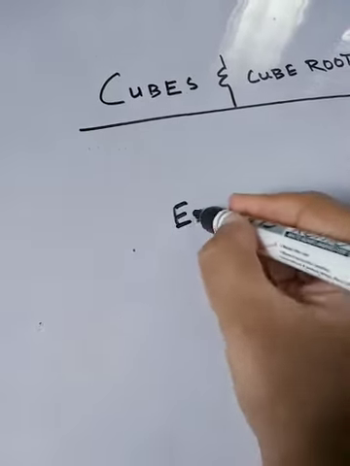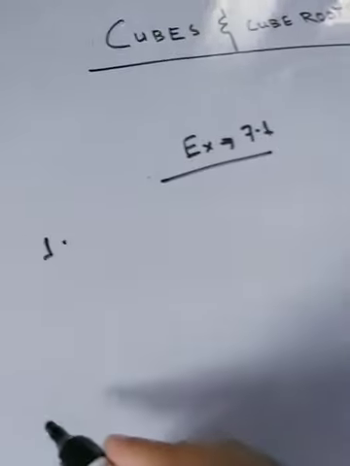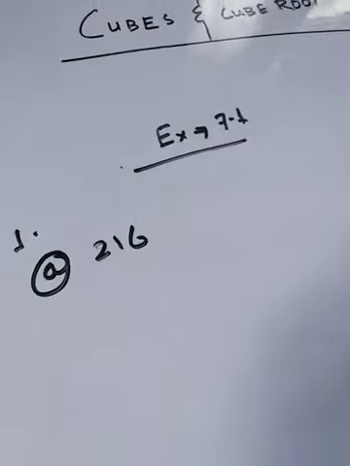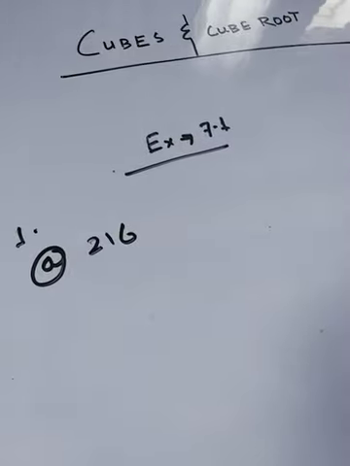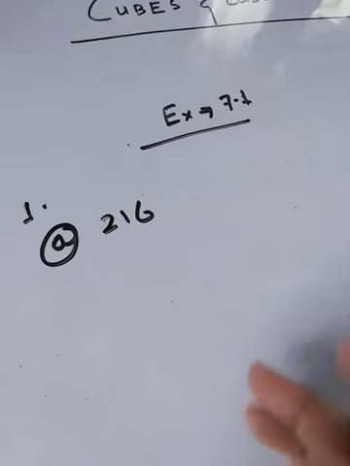Okay, so let me show you the first sum first. The first sum of exercise 7.1, question number 1, is 216. Now you have to identify which numbers are not perfect cubes, but you still have to follow the same process.